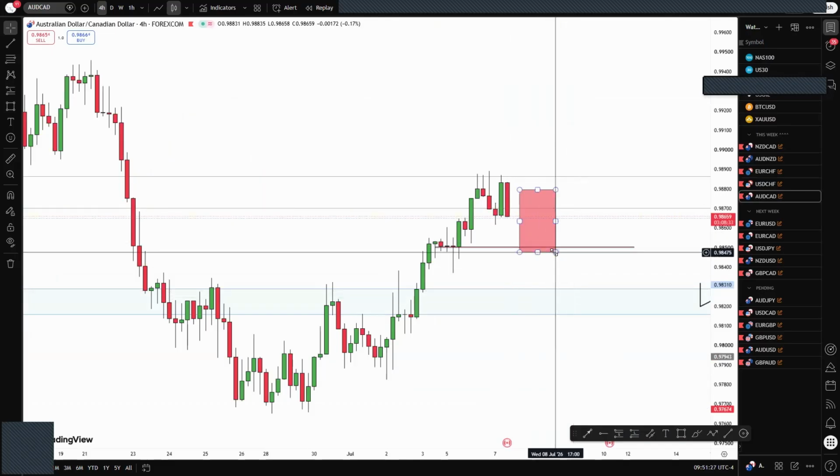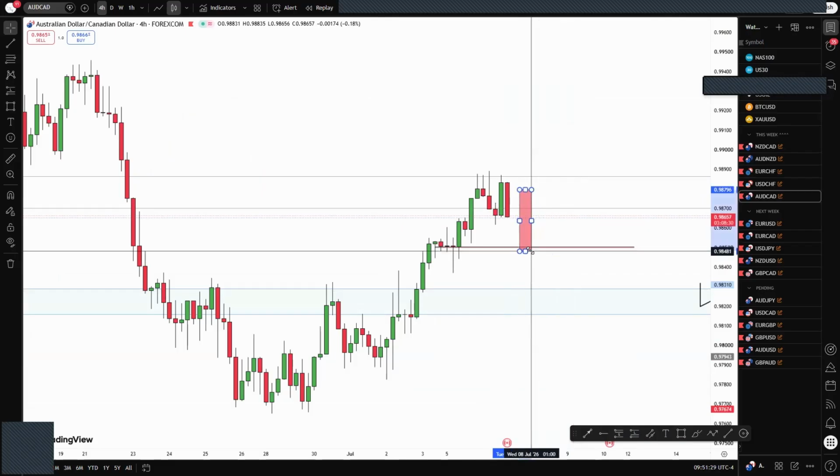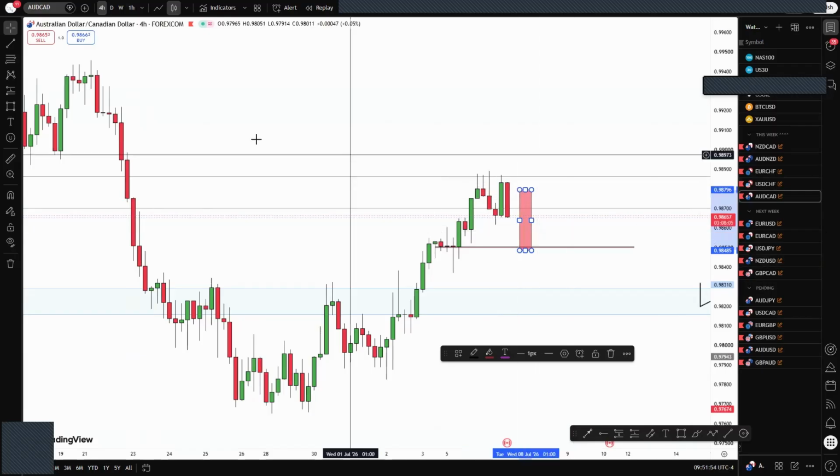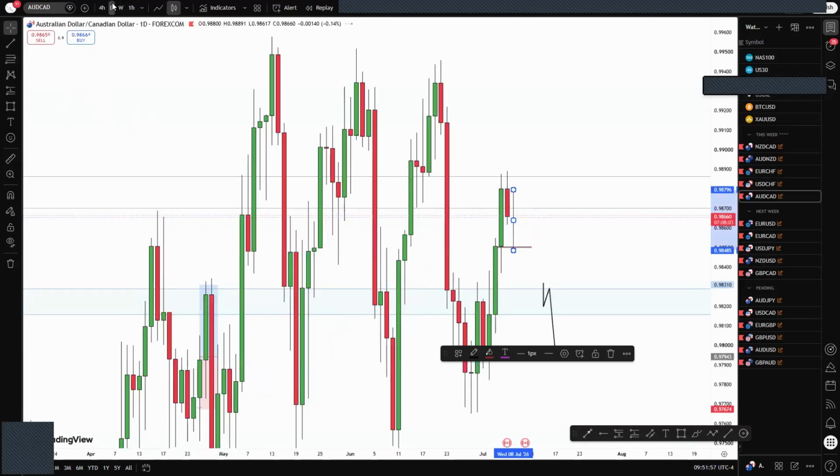Price is at the second logic level. So let's wait and hope and see if price can break below, right? On this one, I really don't think I might catch a trade.